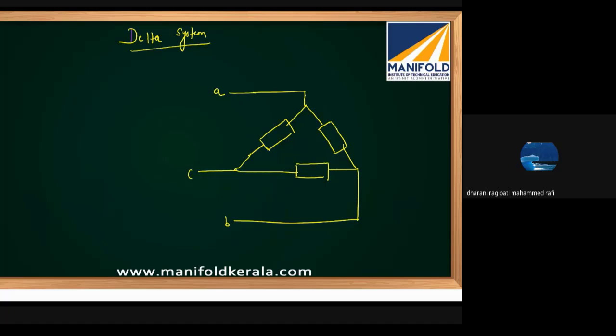Again, the clockwise. So now this is line current, whereas this is a phase current. This is a phase current, and this is a phase current. And whereas this is a line current. Okay.